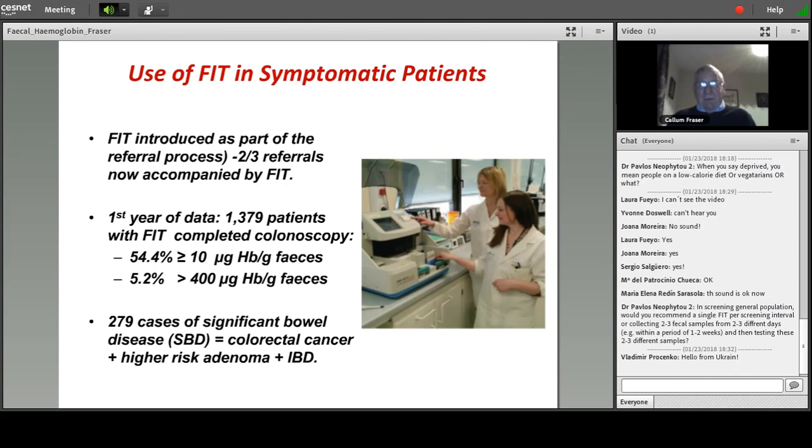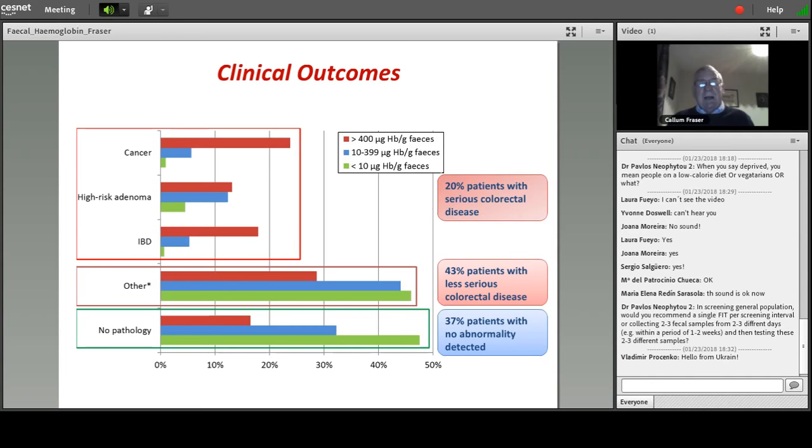About half had detectable fecal haemoglobin, just as was found in the pilot studies, interestingly enough, and 5% had really very high levels of fecal haemoglobin. And we found in this group 279 cases of significant bowel disease, colorectal cancer, higher risk adenomas, and inflammatory bowel disease. And these are the clinical outcomes.